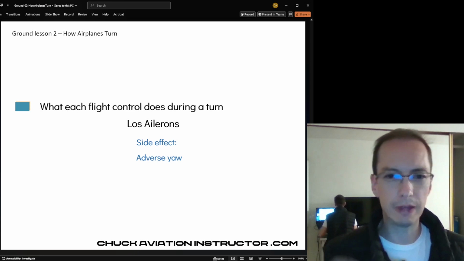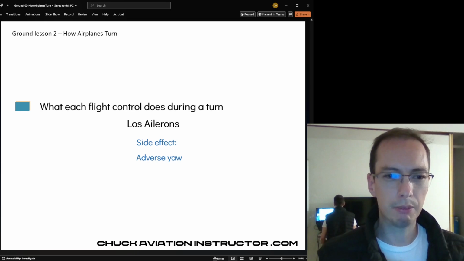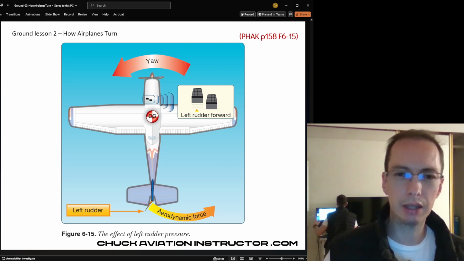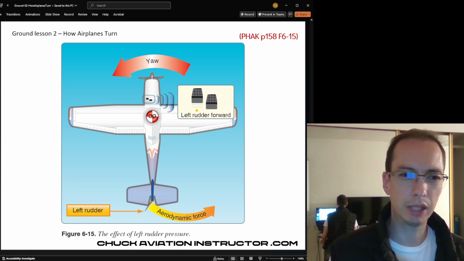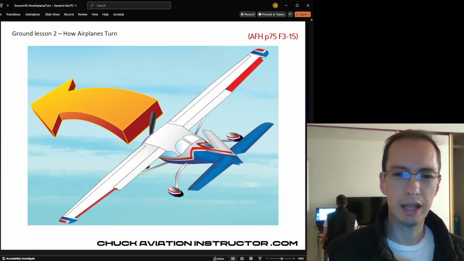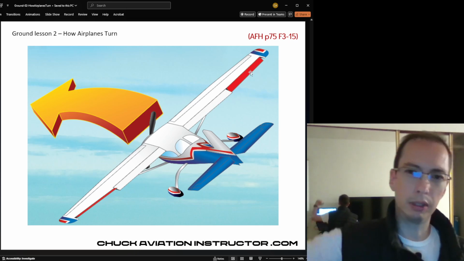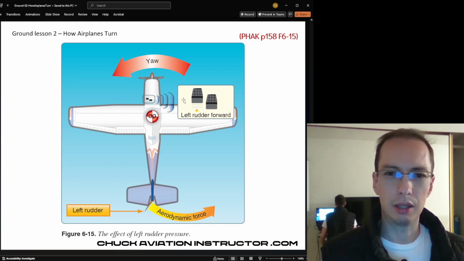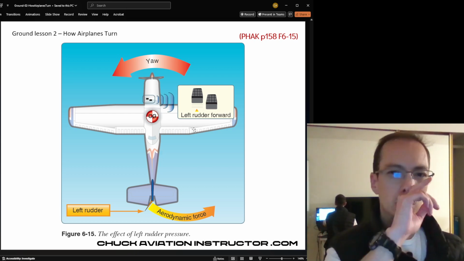Finally, another side effect of lowered ailerons is called adverse yaw. That was the first one I mentioned, and it's because when you increase the angle of attack in the outside wing, you're turning left, and you increase the angle of attack in the right wing in order to raise it. That also generates drag that wants to move your nose to the right.